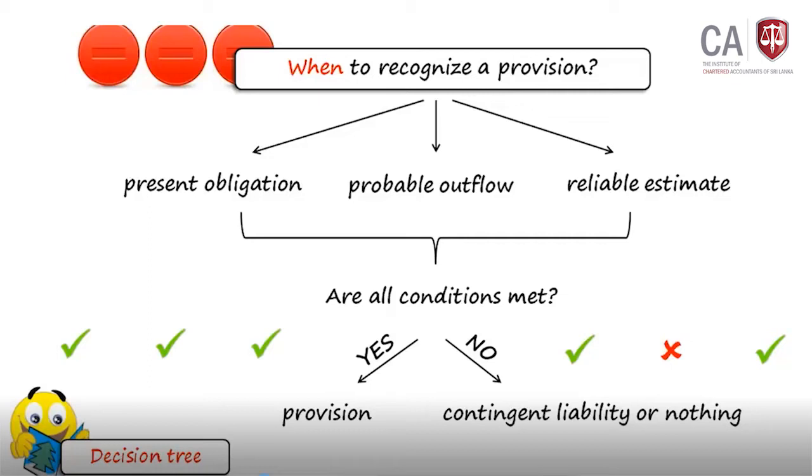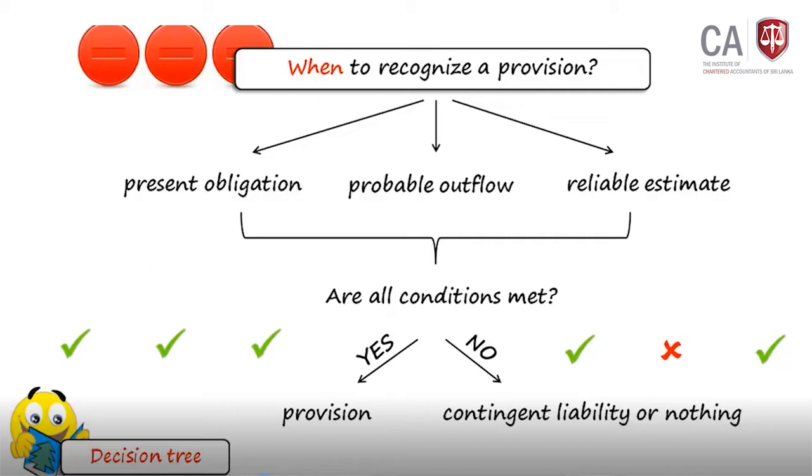If you see that word possible, that is not a part of the definition of a provision. The word should be probable. When you settle that obligation, the outflow of economic benefit should be probable, not possible. Right? And the amount should be measured in a reliable way.